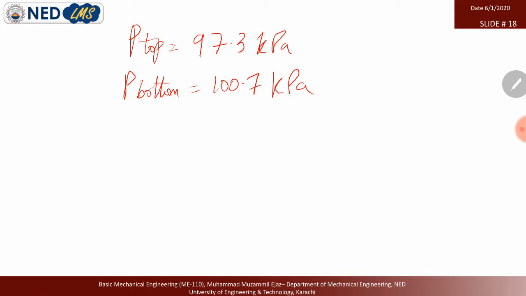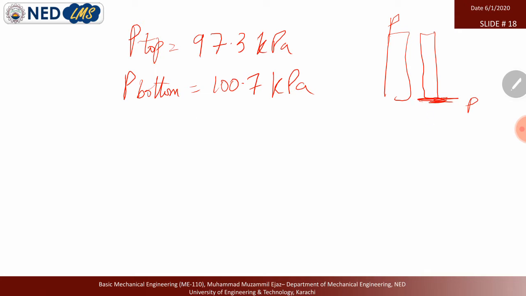Comparing these readings, we get the height. Consider this is the building, this is the pressure of air at the top, and this is the pressure of air at the bottom. We get 97.3 at the top and this at the bottom. This pressure is exerted by this column of air.